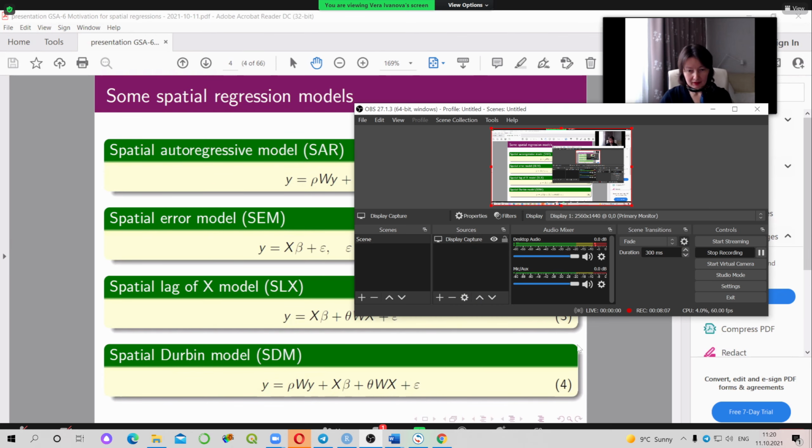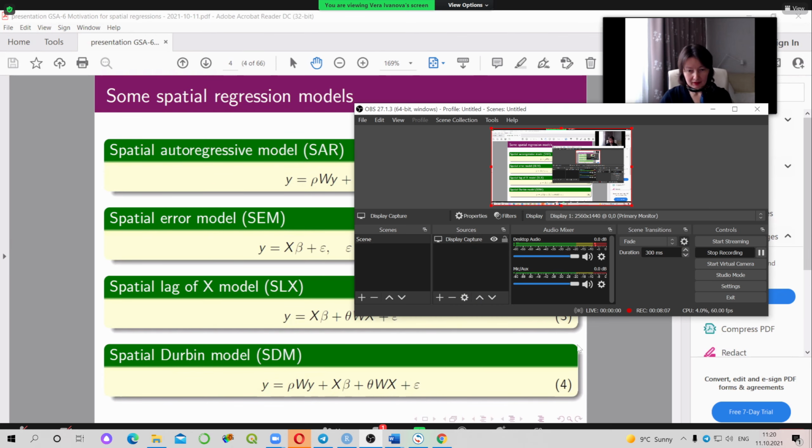To interpret this model, we can say that the dependent variable of my region depends on dependent variable values of neighboring regions. Also, it depends on my characteristics, and also depends on characteristics of my neighbors. So we can construct different specifications.